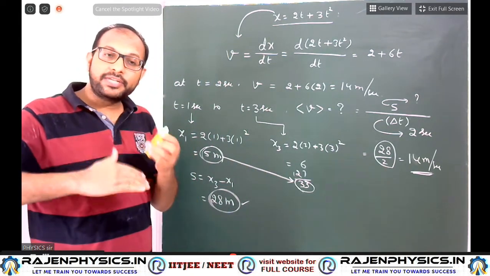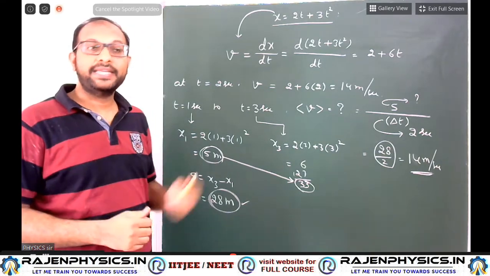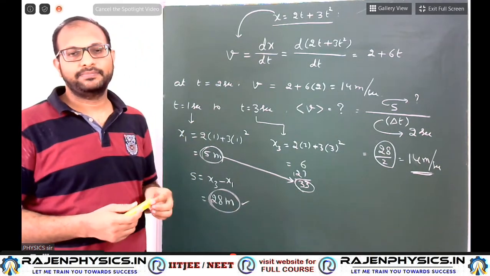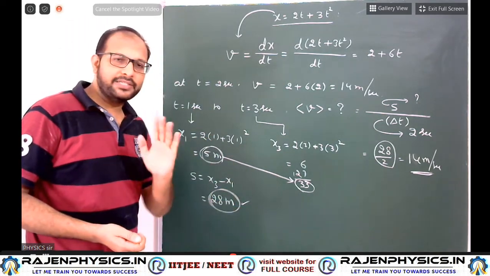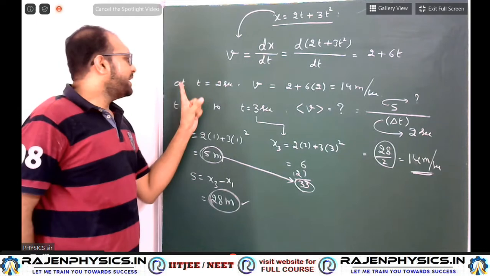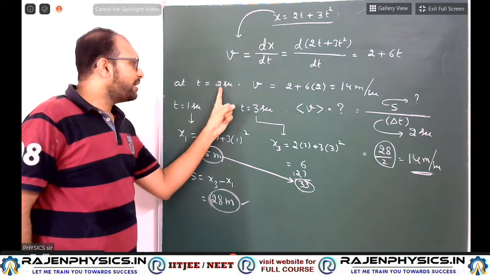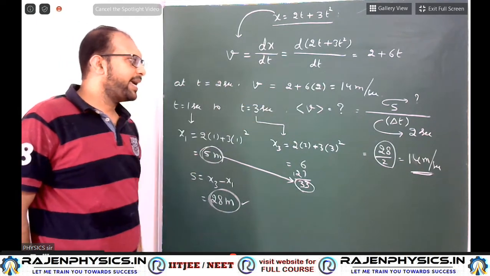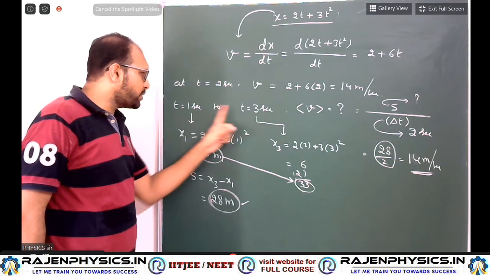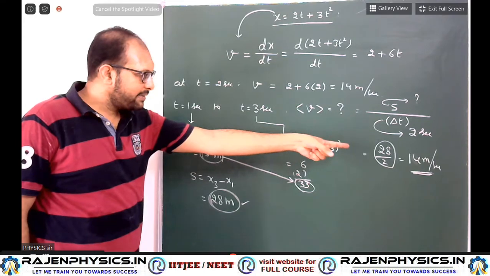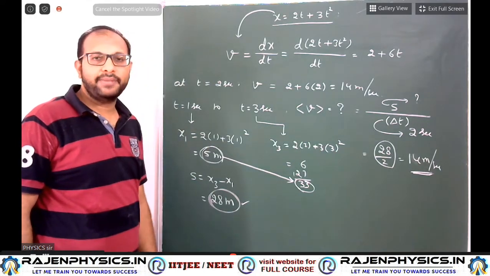But suppose it is different, I will explain one more example. In the present problem both are the same. Right, this problem's explanation is still going, just wait. Instantaneous velocity calculated at 2 seconds is 14t. Average velocity from 1 to 3 seconds I calculated, and that is 14 meter per second.